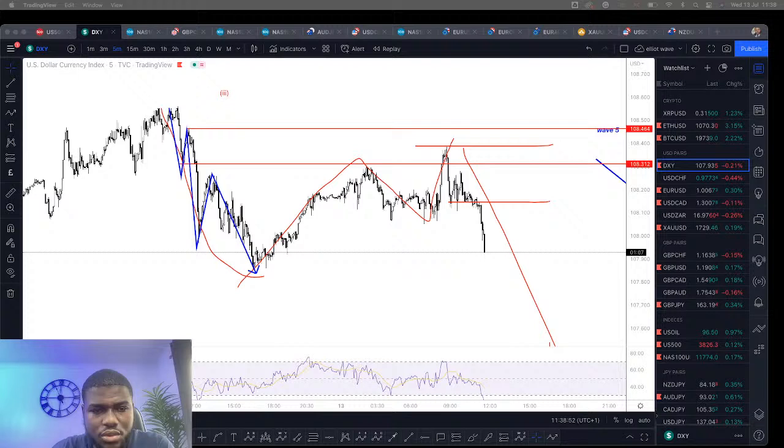Can you see DXY? We just analyzed it, and it keeps going lower and lower. Can you see that?